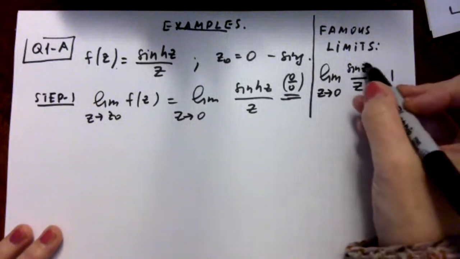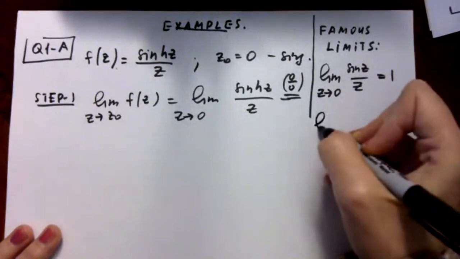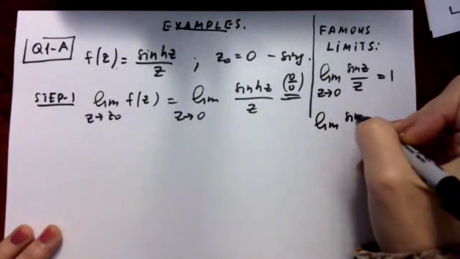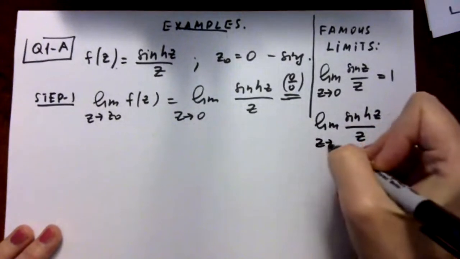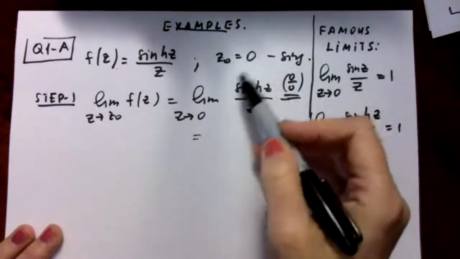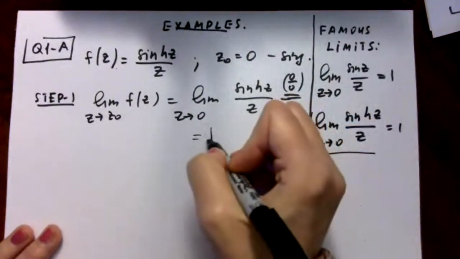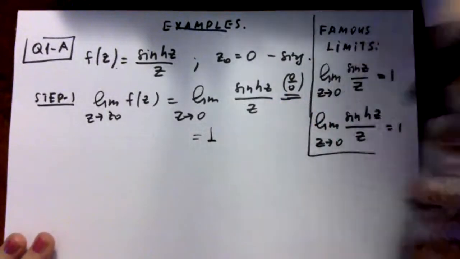The same remains true for hyperbolic sinus. It turns out to be a very nice fact. So now, in our limit, we have nothing else but this famous limit, which of course is equal to 1. And what is important for us, according to our table?